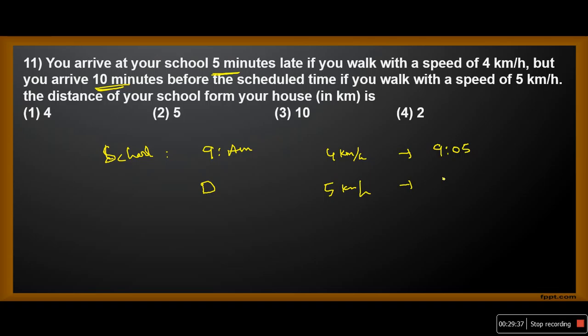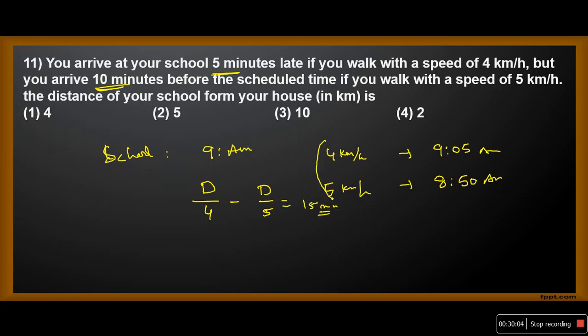It means you will reach the school by 8:50 a.m. It means the time taken when you are traveling at 4 km per hour is d by 4, minus the time taken while traveling at 5 km per hour. What is the time gap? We are getting 15 minutes.